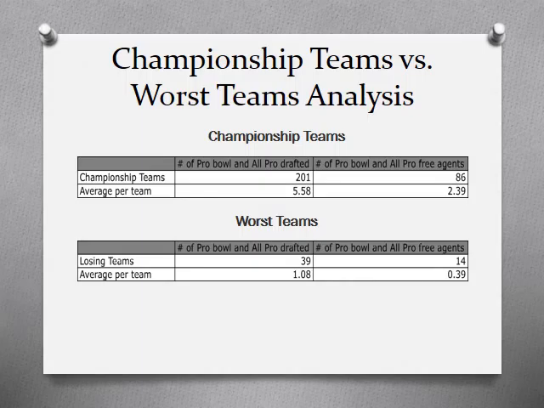Based on our data, this does not give us any kind of evidence that championship teams have more drafted players than free agents, but it does suggest that championship teams have more drafted Pro Bowl and All-Pro players than free agents. It also suggests that drafted players are more likely to become Pro Bowl and All-Pro players as opposed to free agent players.